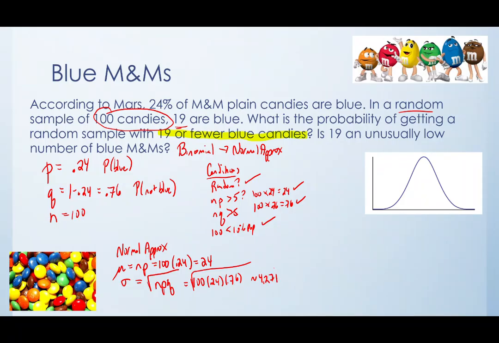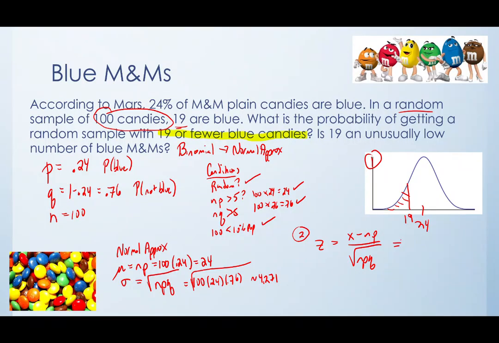But I do recommend not rounding these, okay? So the expected number, the mean, 24, we've got 19. We want to know the probability of 19 or fewer, right? So we're going to calculate our z-score. So that was our sketch. Z is our z-score, x minus np over square root of npq, because we're doing the normal approximation.